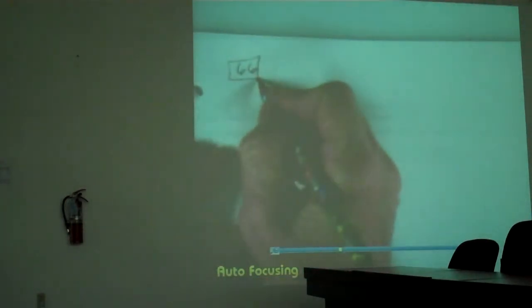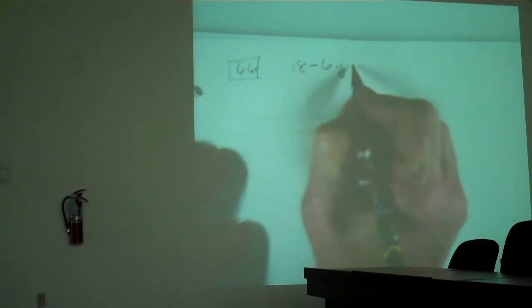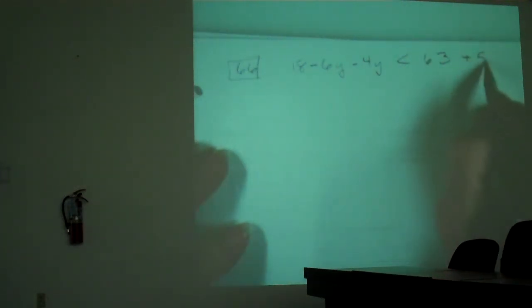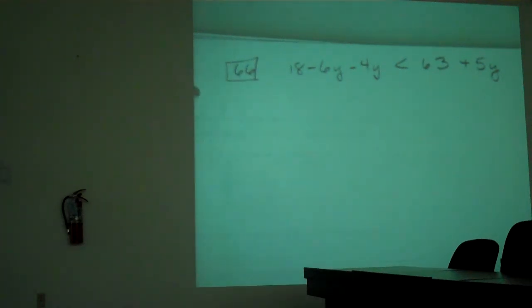Okay, number 66 is 18 minus 6y minus 4y is less than 63 plus 5y. Okay, do y'all have your solving equations solution sheet out?